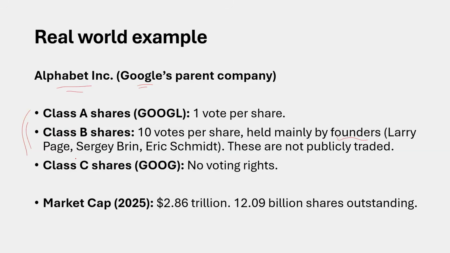And there's also Class C shares with no voting rights as well. And at the time of this video, the market cap of Google was nearing $3 trillion with more than 12 billion shares outstanding. So this hopefully gives you an idea about the scale of the share structure.